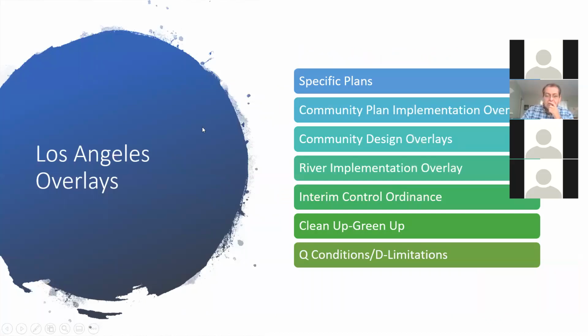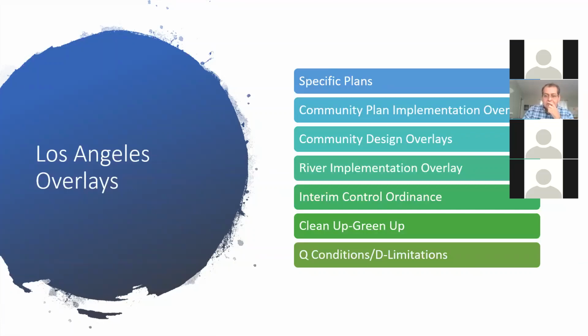So these are the overlays that are usually applicable in the city of LA. But just going through them quickly, the specific plans, I'm sure most know already, but it basically is a special set of development standards for a particular area.